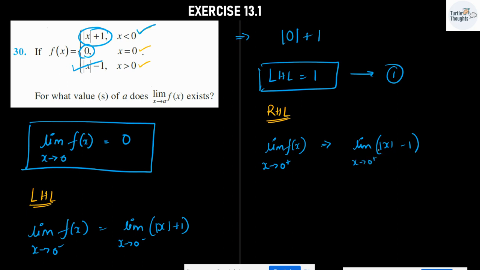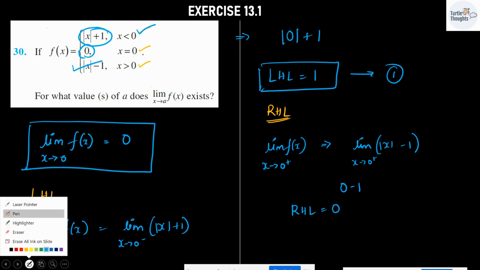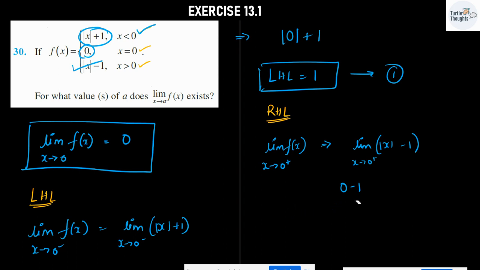Substituting the value of 0 in place of x, what do you think will be my answer? My answer is going to be 0 minus 1. I will be getting RHL is equal to minus 1, not 0, I'm sorry. So it is going to be 0 minus 1, which is nothing but minus 1. Take this as equation number 2. Since RHL and LHL are not equal, this limit is not going to exist.